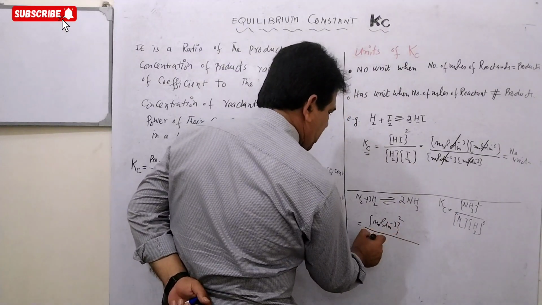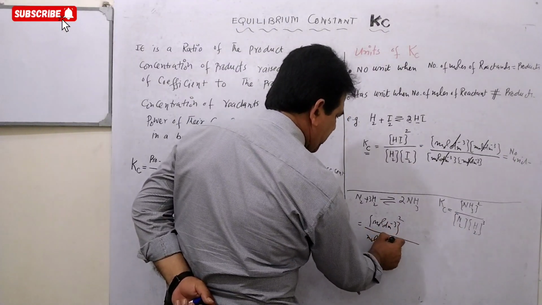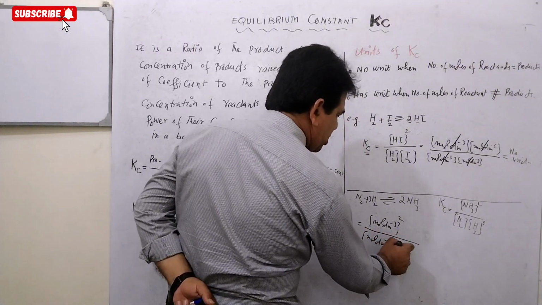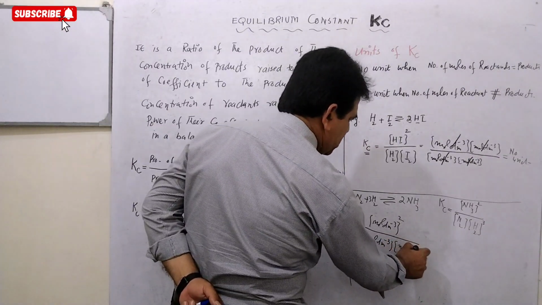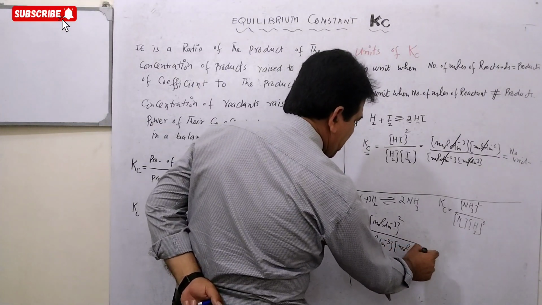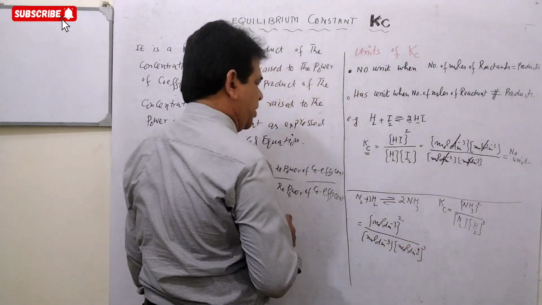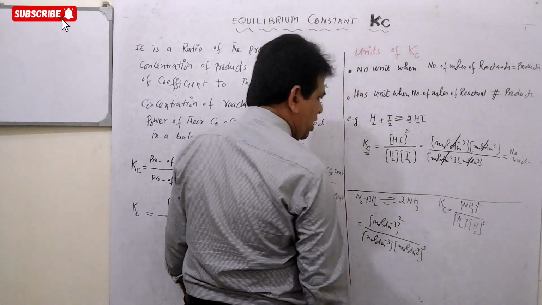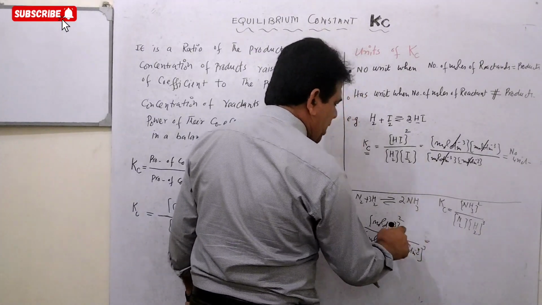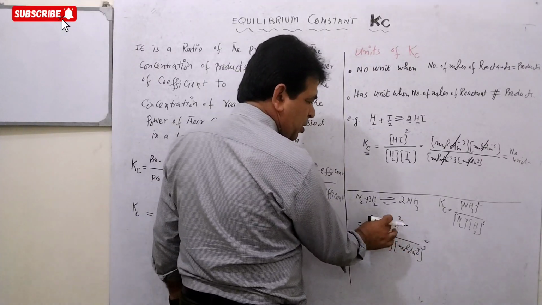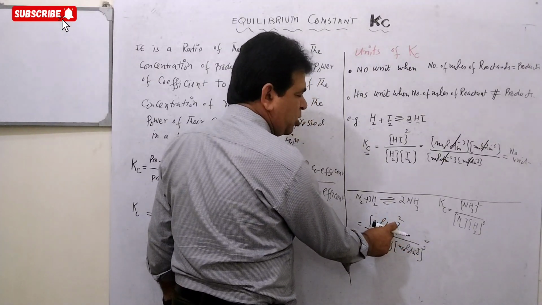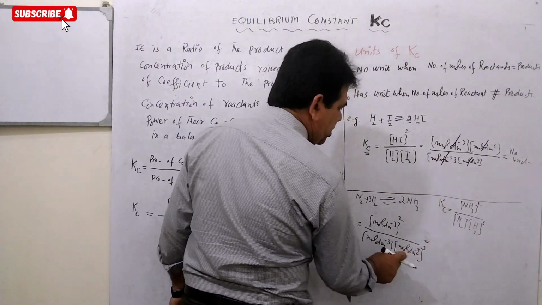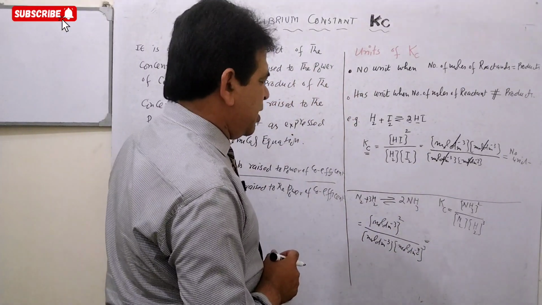For nitrogen it will be written as mole per decimeter cube, and there will be no power, and for hydrogen it will be written as mole per decimeter cube with a power of 3, because hydrogen is raised to the power 3. Now we can expand these powers. This power 2 means mole per decimeter cube can be written 2 times, and the power of 3 indicates that mole per decimeter cube can be written 3 times.